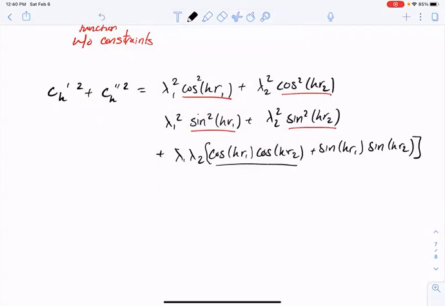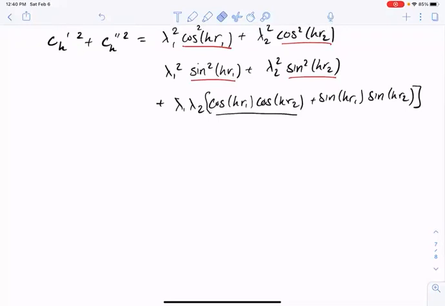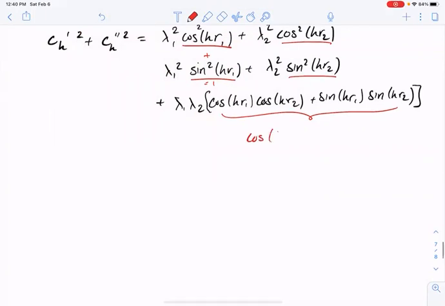Cosine x cosine y plus sine x sine y, well, that's a difference angle identity, yielding cosine of k dot R1 less R2.